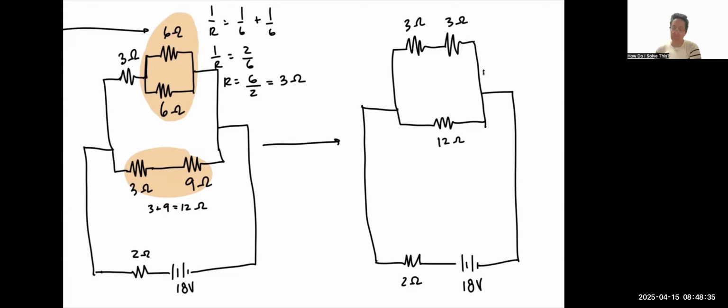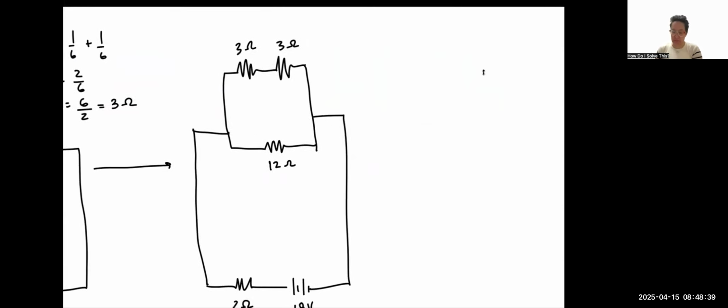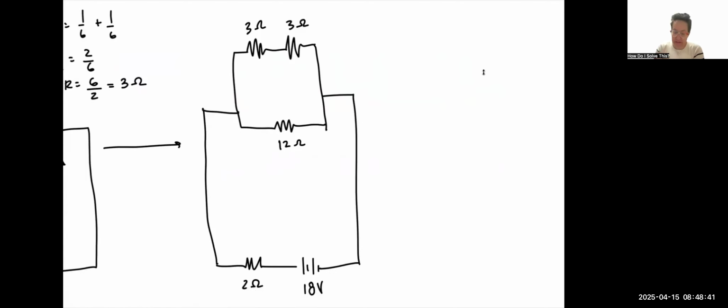And back to the battery. Now, here's a place where you would probably, if you were doing this yourself, just go ahead and say, oh, hey, that 3 and 3, I'm just going to go ahead and replace that with a 6 right now. I think you're fully within your rights to do that.